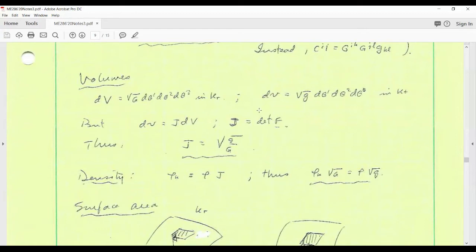So by comparing these two, we simply see that J must be, if you divide d small v by d capital V, you just get this ratio, the square root of the ratio of small g over capital G. And that's easy to remember. The referential density, remember, rho sub kappa is rho times J. With this result now, we have this nice formula: rho kappa times the square root of capital G is rho times the square root of small g.